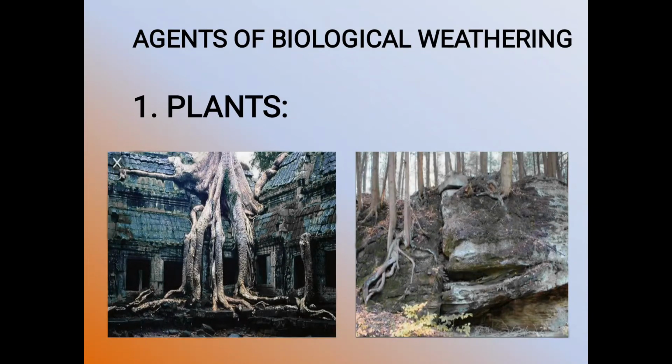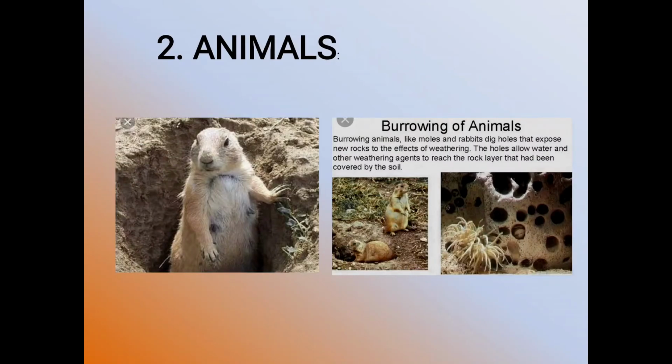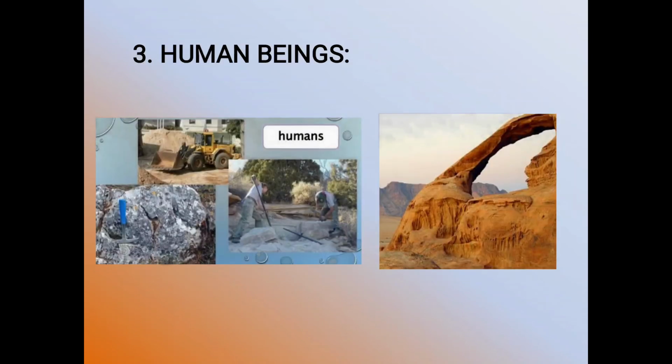Worms bring large quantities of fine material to the surface in the form of casts, while burrowing animals help to loosen the surface material. All these burrowing animals, rabbits or rodents, secrete humic acids, which also cause the breaking of the rocks, and in this way the rocks are weakened.